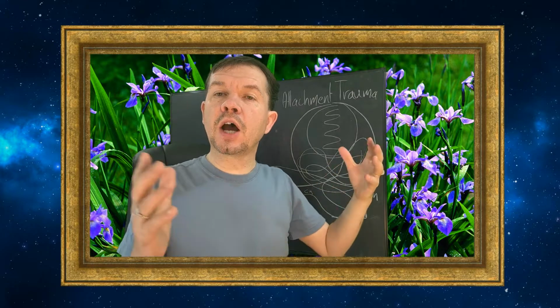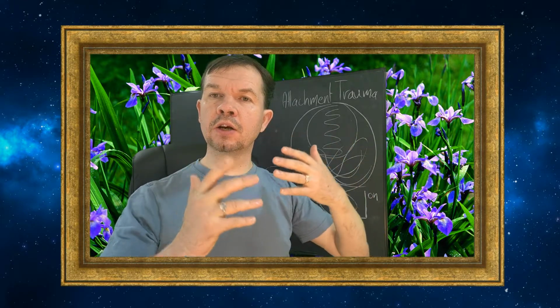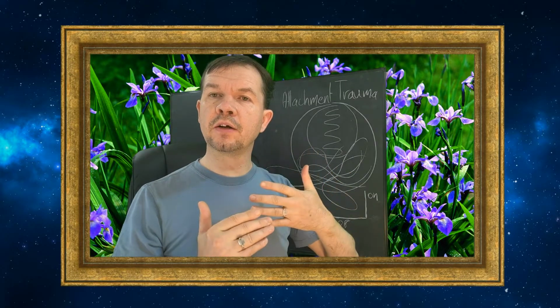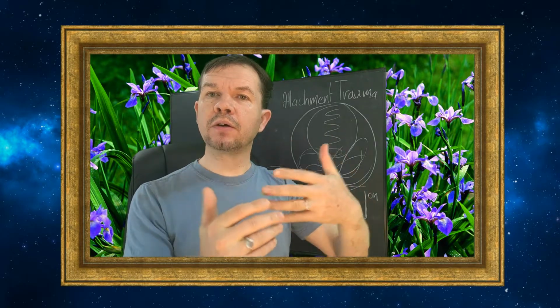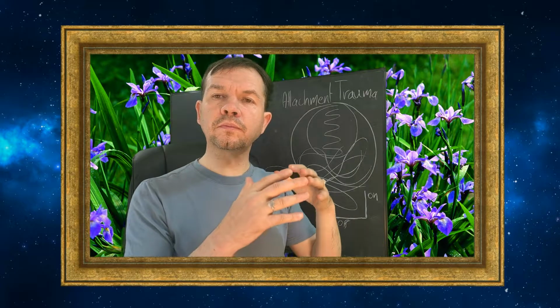This allows a correlation where the infant gradually learns to regulate themselves through the impact they have on the mother, on the parent.